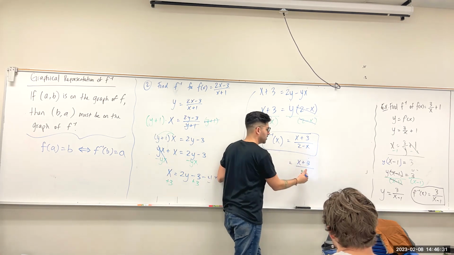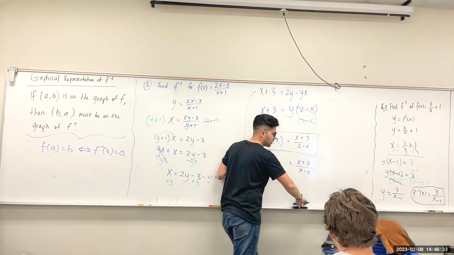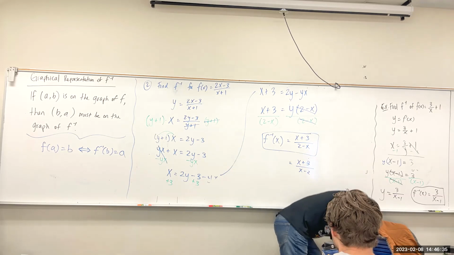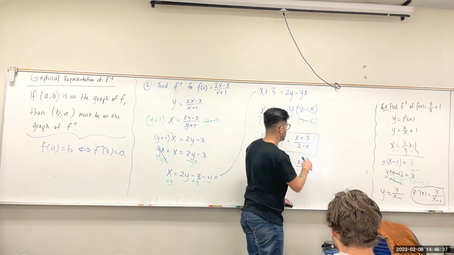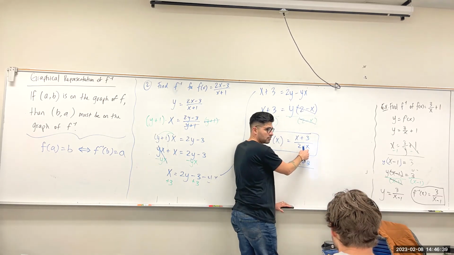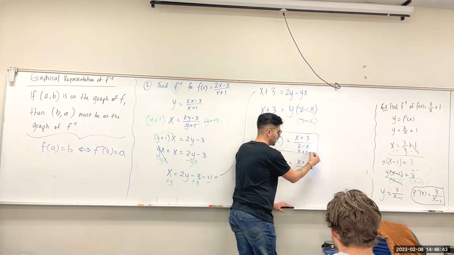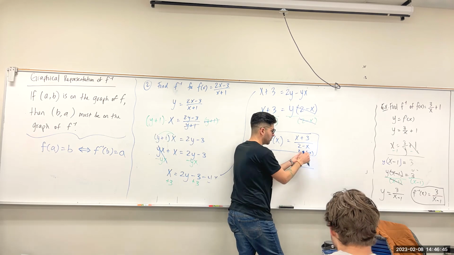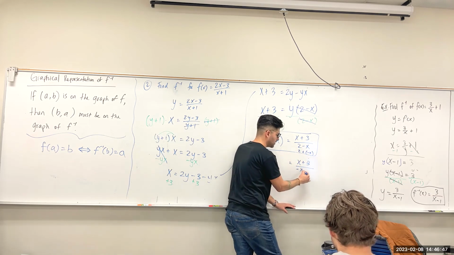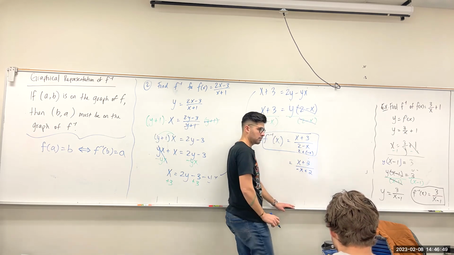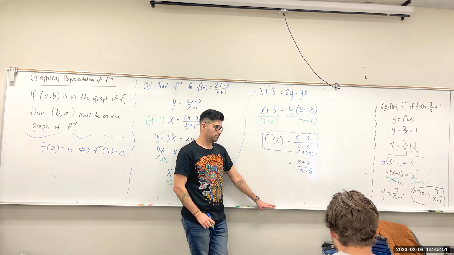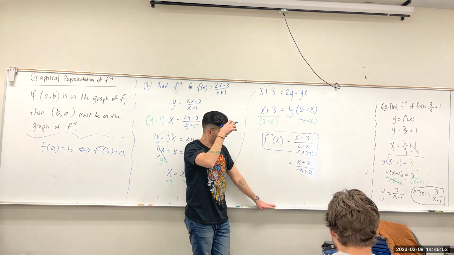So you can't just do that. But you can think of 2 plus negative x. Now I can swap it so that it becomes negative x plus 2. That you could do.